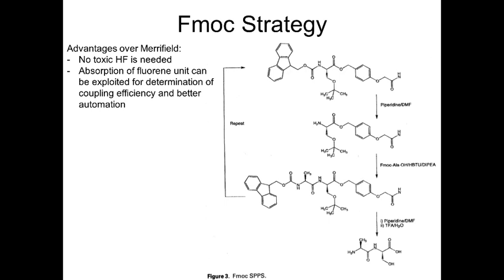Now we use piperidine in DMF, so we choose a basic treatment to remove the Fmoc group. We directly obtain the alpha amino group that can readily react with the next Fmoc protected amino acid in the presence of HBTU and an amine base.